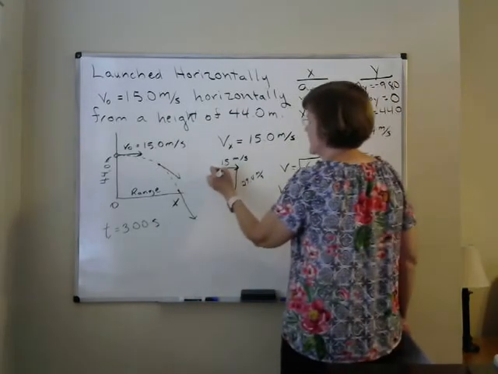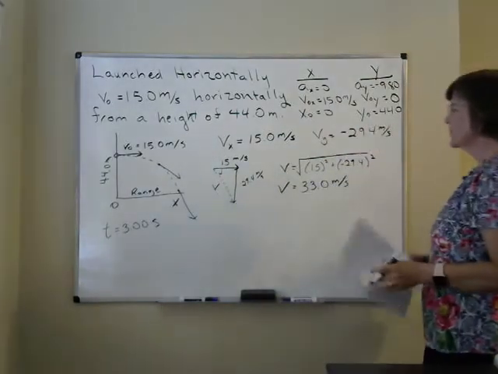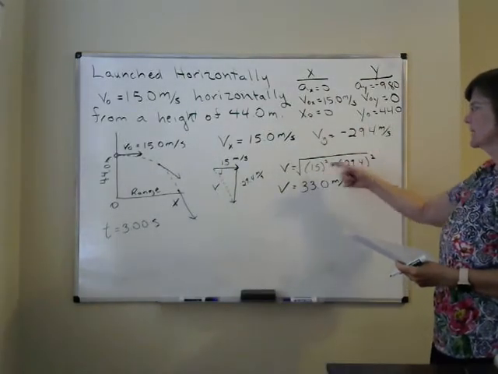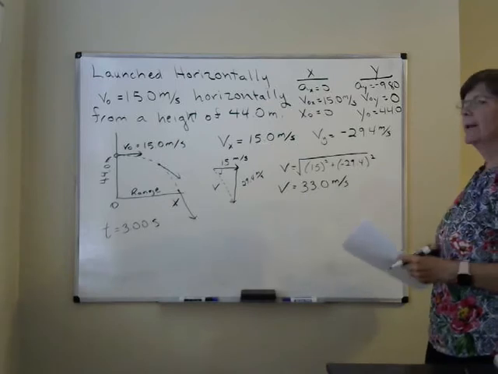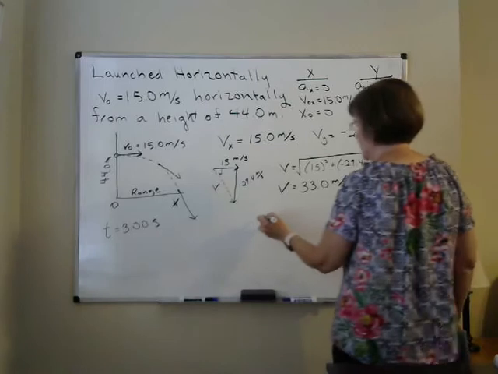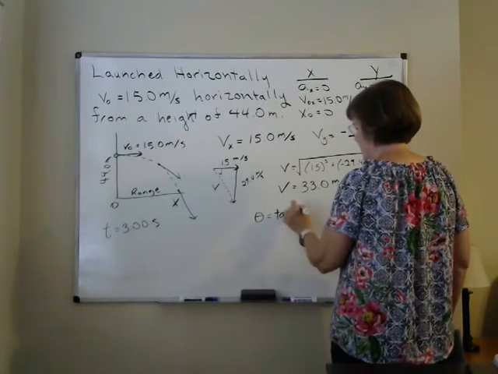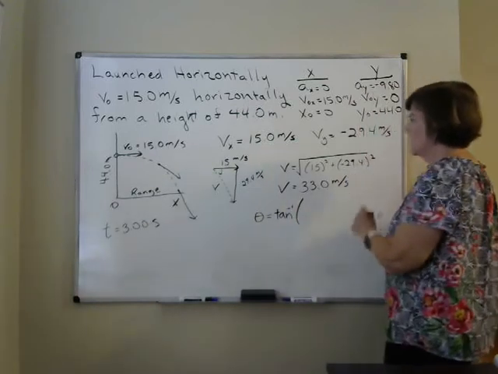Now, we also have a direction, and we can look at this picture. We can see this is going to be a quadrant 4. Quadrant 4 is when x is positive and y is negative. We don't have to add 180 degrees. All we've got to do is do our tangent inverse. Theta is the tangent inverse of y over x.